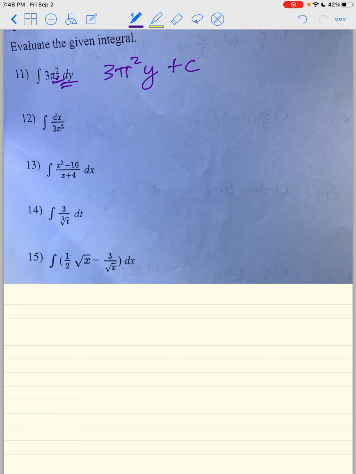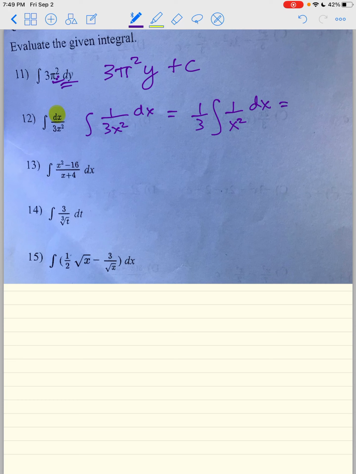Great. In the next problem, if there's no number but a 1 in the numerator, it's sometimes written as dx over 3x squared. But this is identical to writing 1 over 3x squared times dx. Leave the 1/3 out because it's a product.